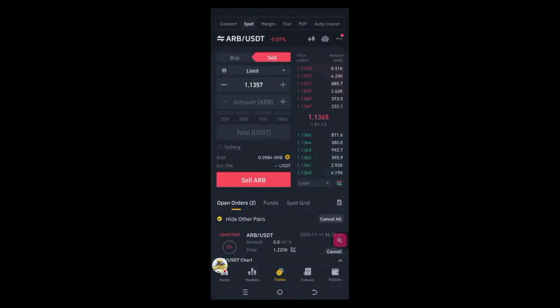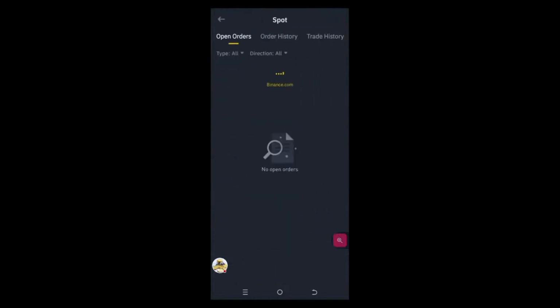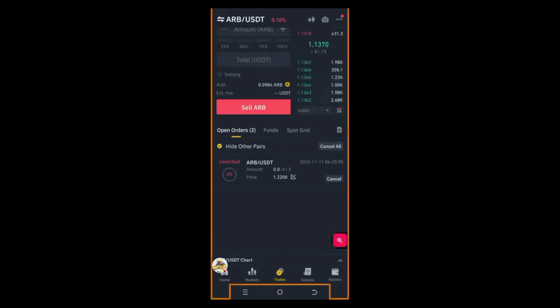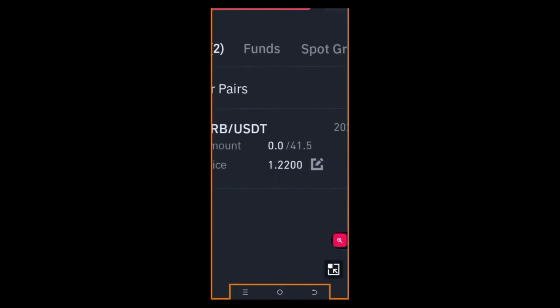Like we have here, I've said I want to get ARB, I want to make maybe like 1.5%, and I set it. So in limit order, all I have to do is just put in the amount I want to get. Let me show you here. So what I'm trying to get is 1.22.